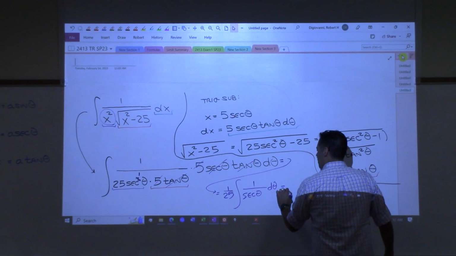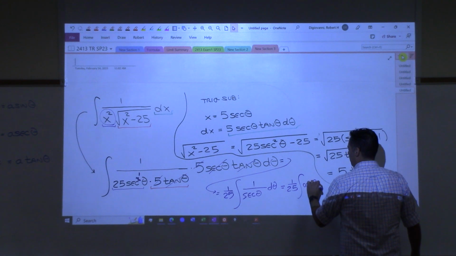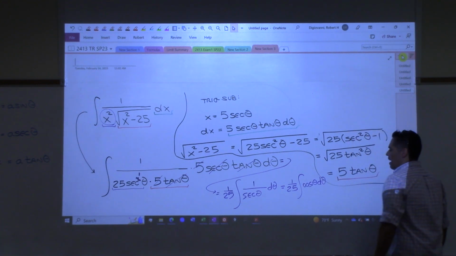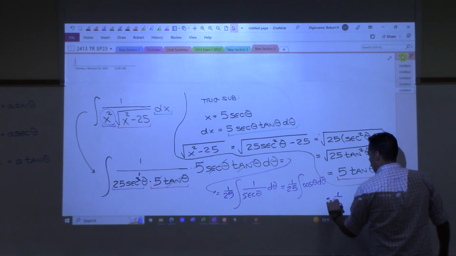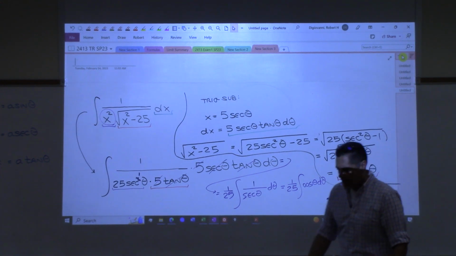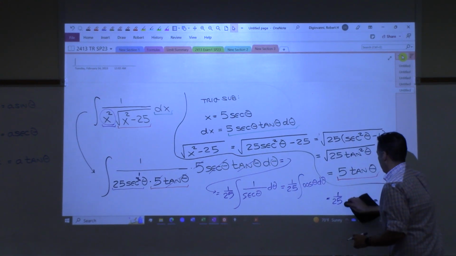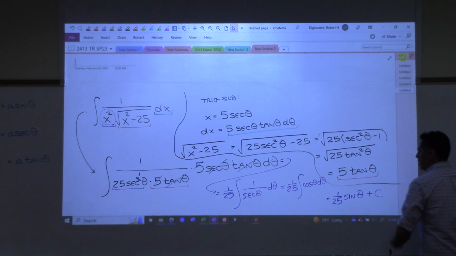But that's just 1 over 25 integral of cosine theta, by definition. And that integral is really not an issue. The antiderivative of cosine is sine, so 1/25 sine theta plus c. I'm sorry, not d theta, plus c.